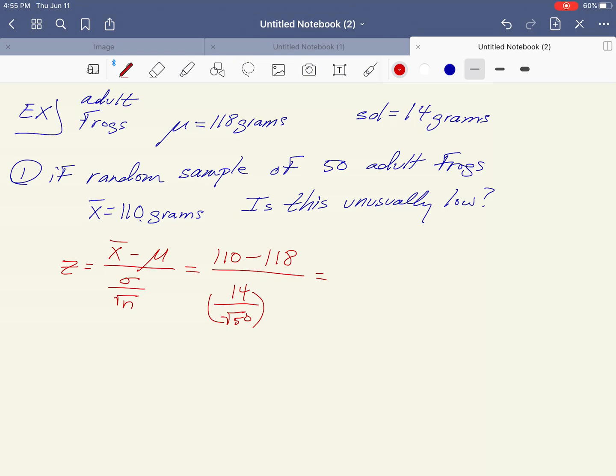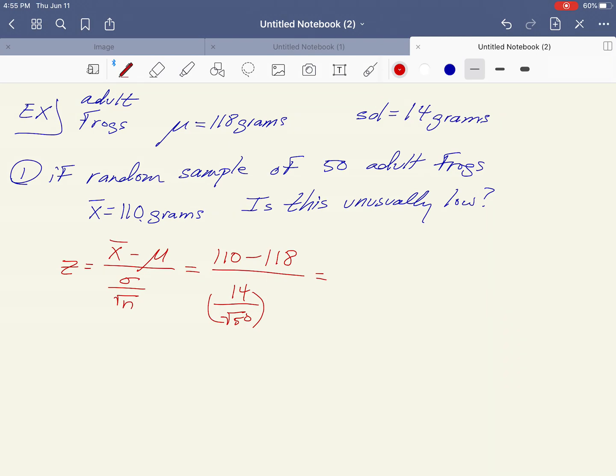Okay, let's calculate this. So 110, subtract 118, divided by 14 over the square root of 50.